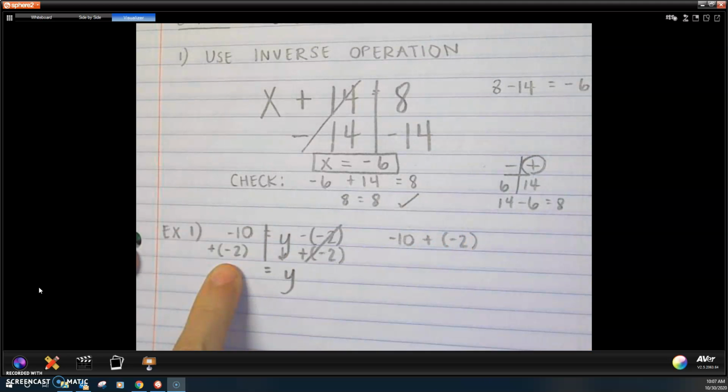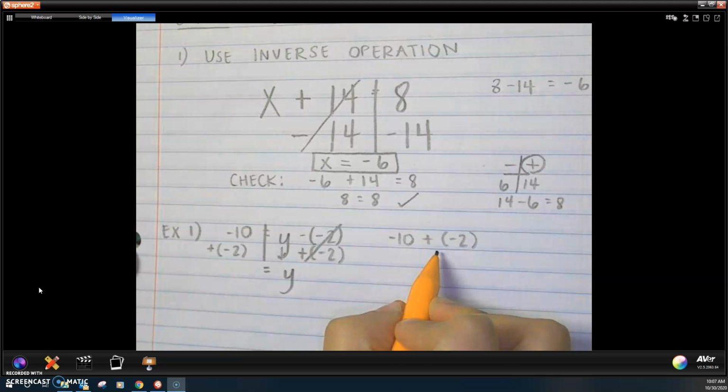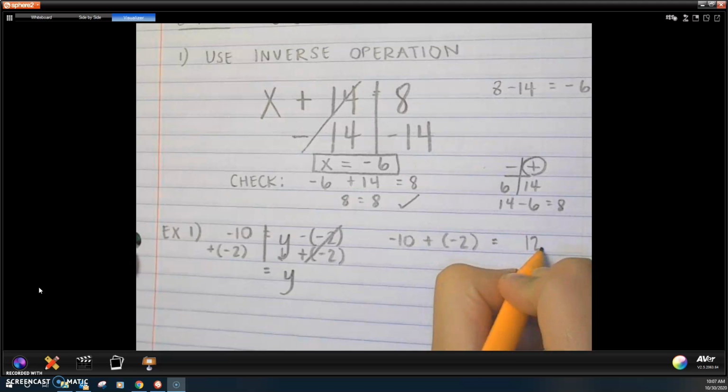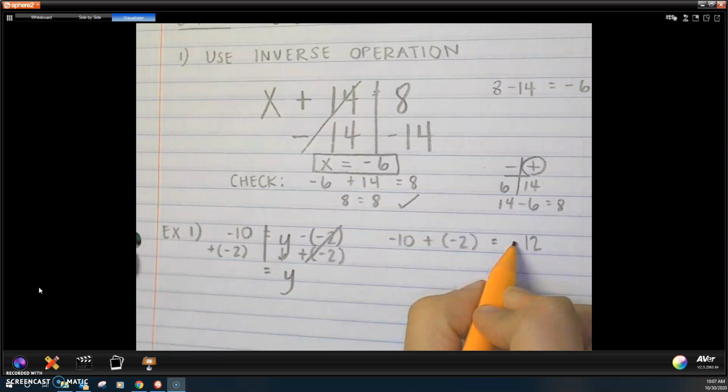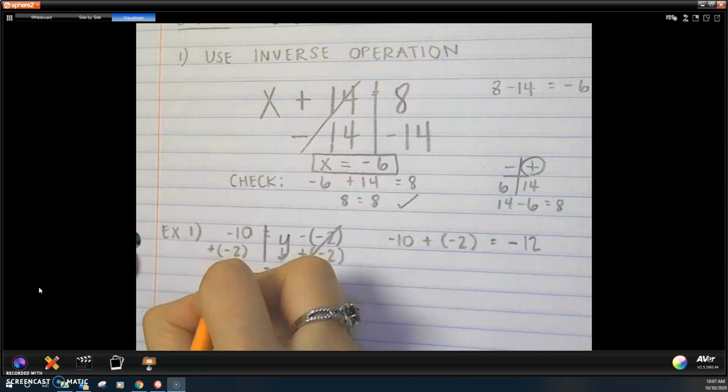Sometimes it helps if you write it sideways like this, because this is the way you learned how to add and subtract integers. Now, we remember our scoreboard. They're both on the same team. So this is when we add our digits and we keep our sign. Since the negative team wins, my answer is -12.